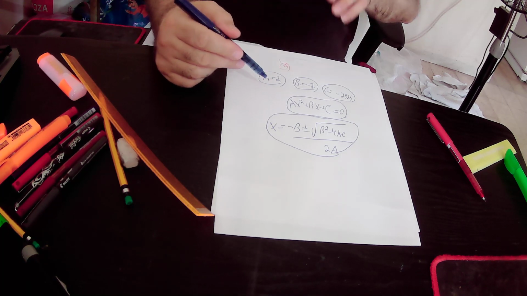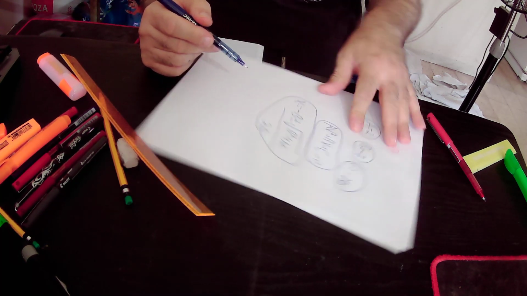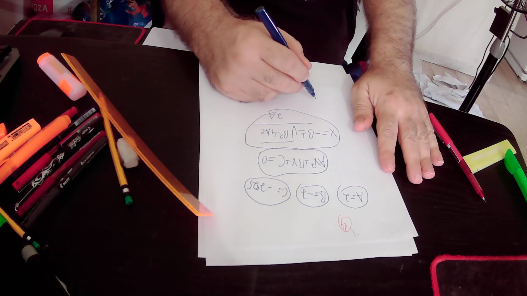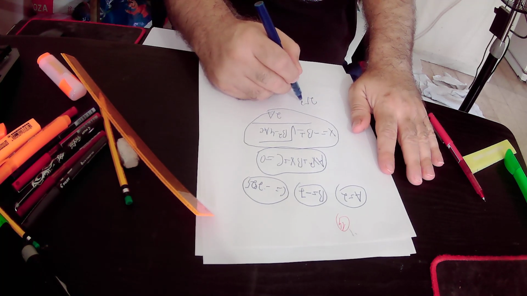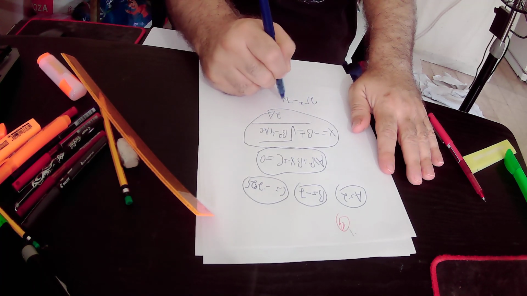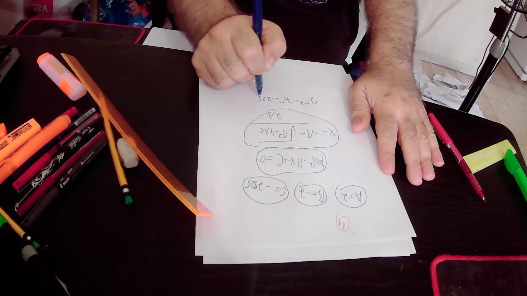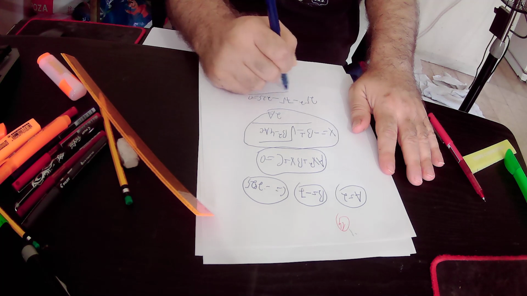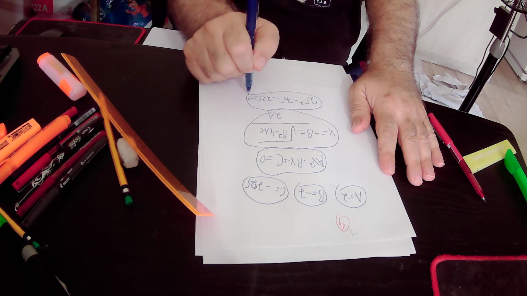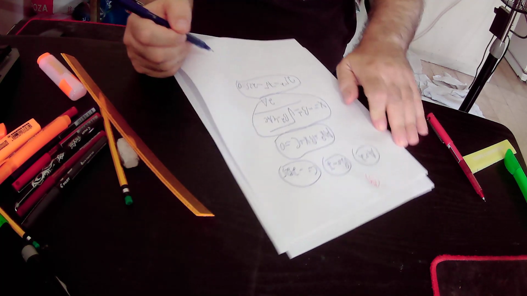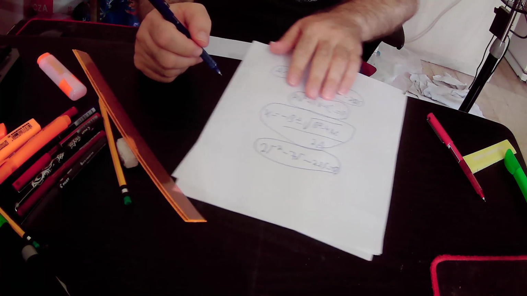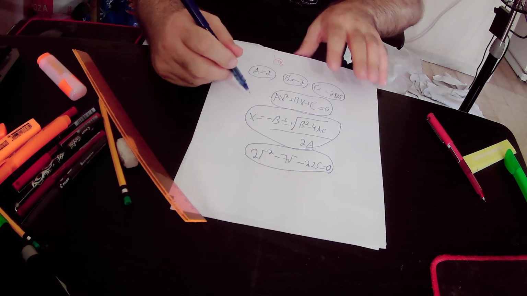We have our quadratic equation that states that 2r squared minus 7r minus 225 equals to 0. Okay? So here the variable of the quadratic equation is r.